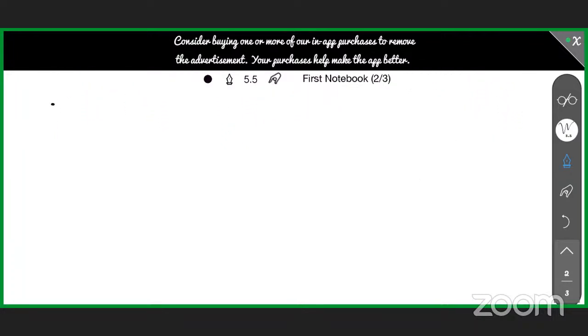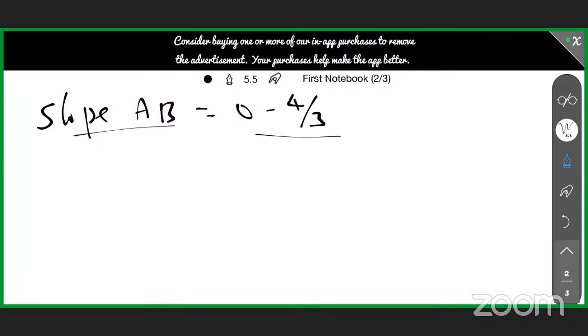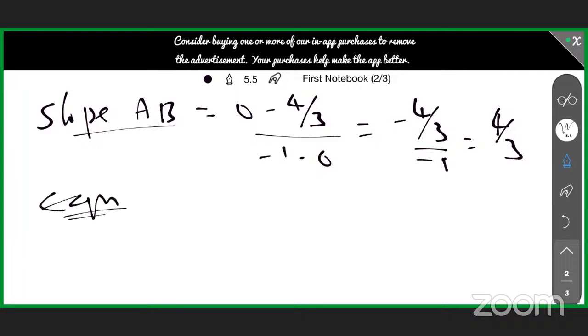First, we find the slope of AB. Slope of AB is equal to (0 minus 4/3) by (minus 1 minus 0), which is minus 4/3 by minus 1, equal to plus 4/3. From here, I'll take the equation of AB. The slope is equal to 4/3, passing through the point (minus 1, 0).